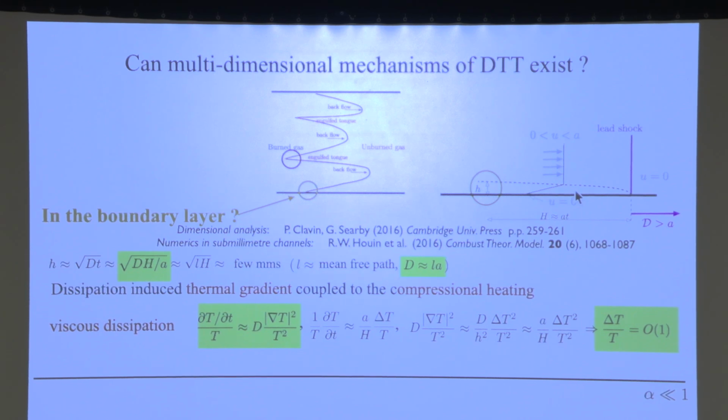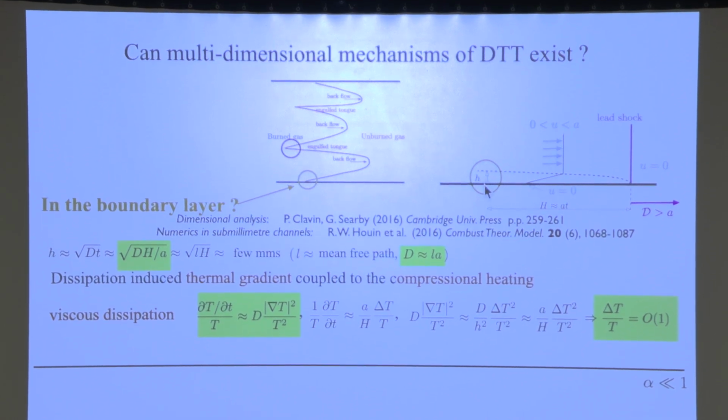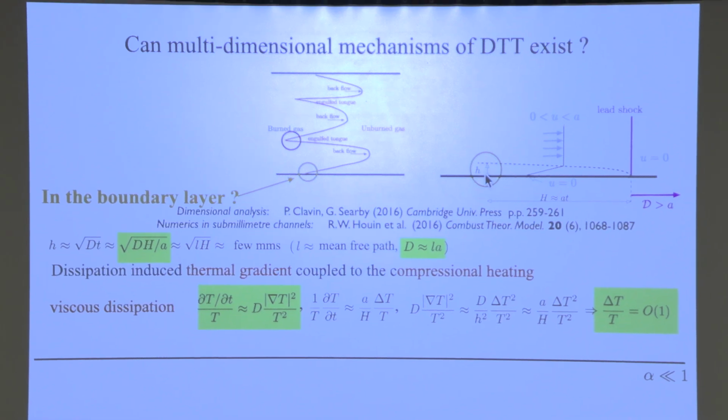So you can consider roughly that the walls are adiabatic. In that case, you can compute easily, in order of magnitude, the temperature increase because of viscous dissipation.